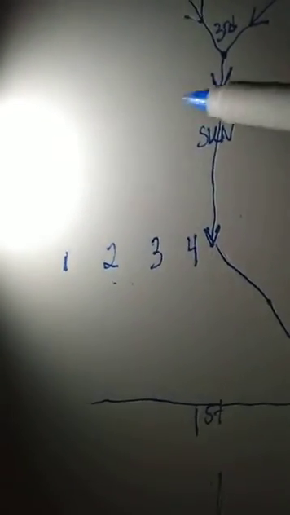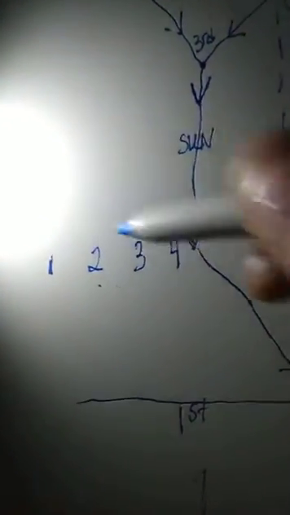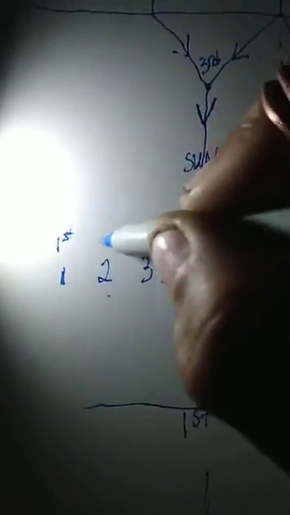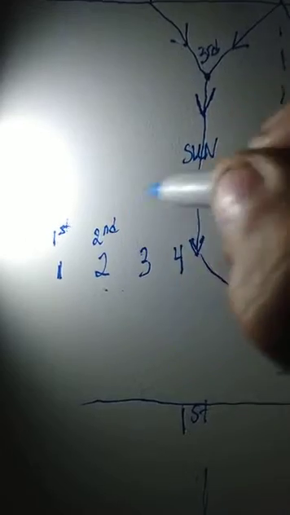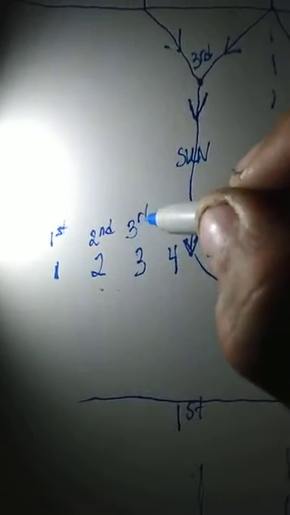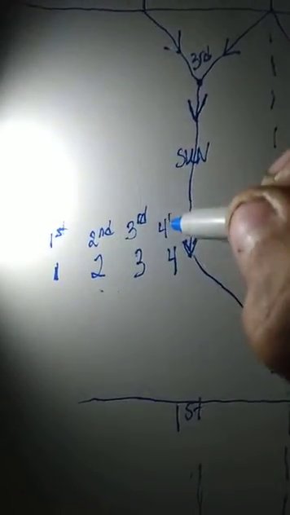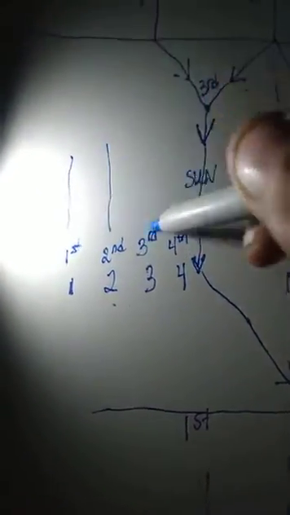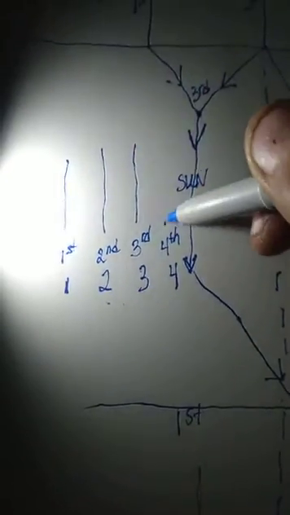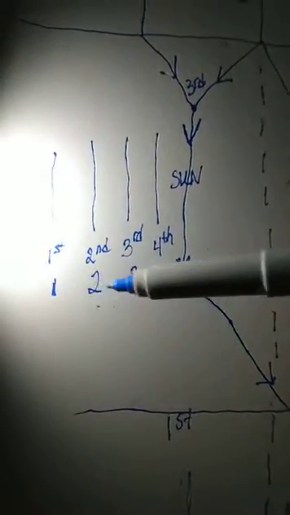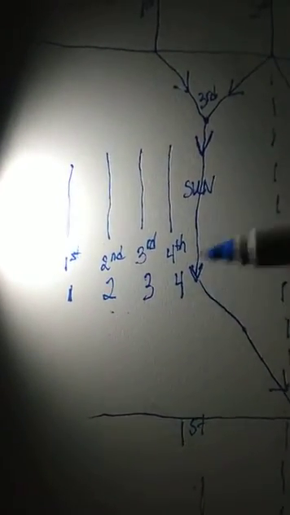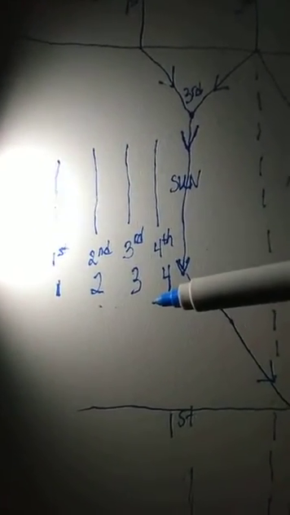Now, what we have here is 4 octaves: a first octave, second octave, third octave, and a fourth octave. Understand that the octaves are separated, so they're not together. So these lines represent 4 different octaves, and these octaves represent energies. 1, 2, 3, and 4 in this case will be Mars, Venus, Moon, and Jupiter.